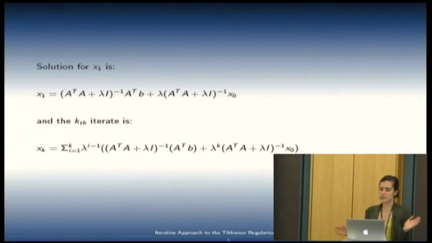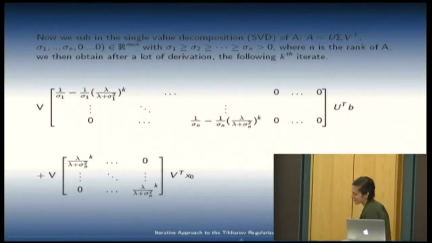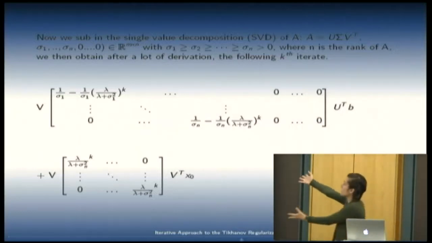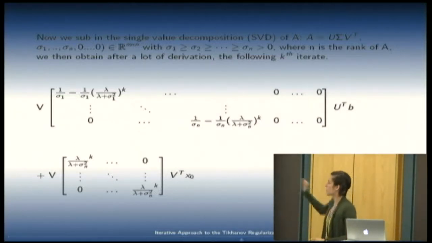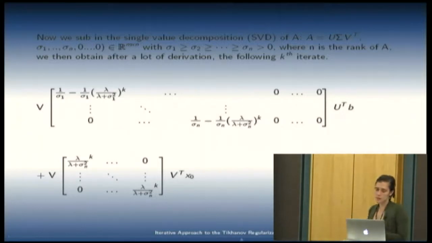It makes this math tractable, and if you want to read the paper and follow my derivations, I have it here. What this does is reduce it to just this formula, which is super easy to program. All I have to know is the sigmas, the lambdas, and then I have to choose a k, the number of iterations. So that's what's going into my package called inverse problem.